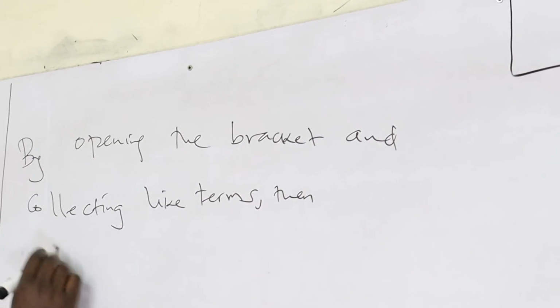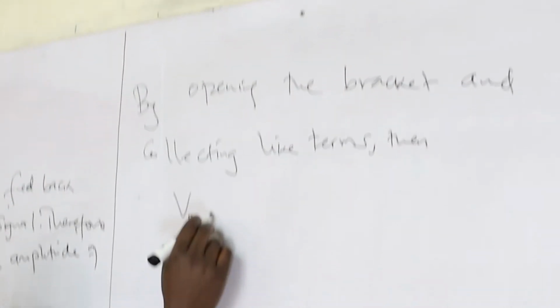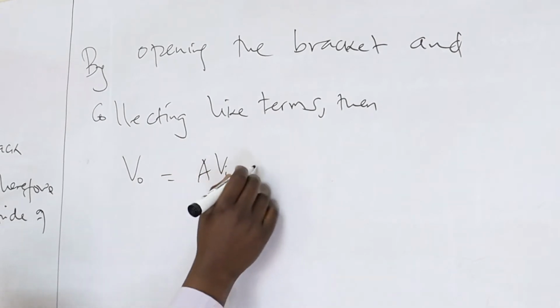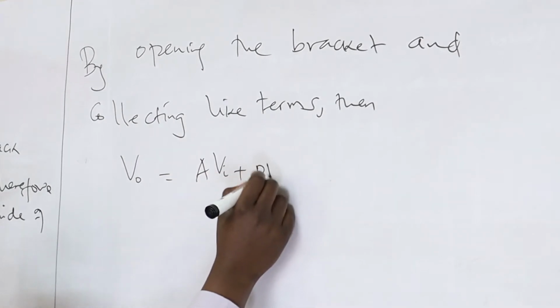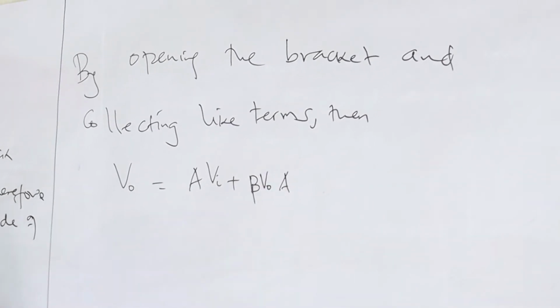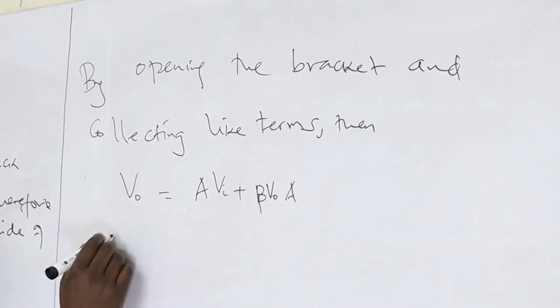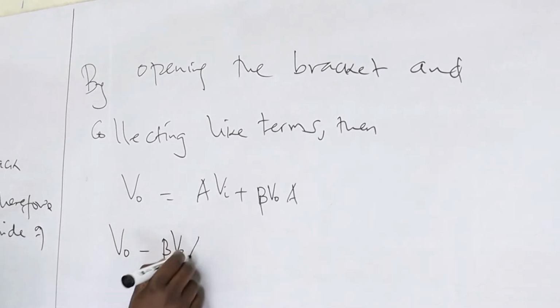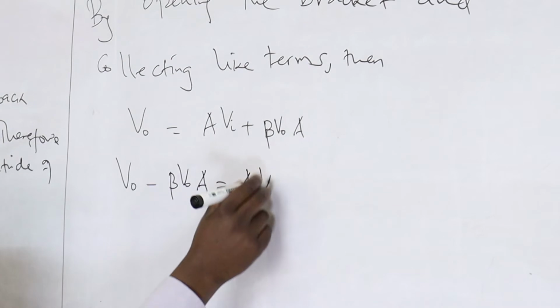then we'll have VO equals A VI plus beta VO A. We now connect the like terms together: VO minus beta VO A is supposed to be A VI.